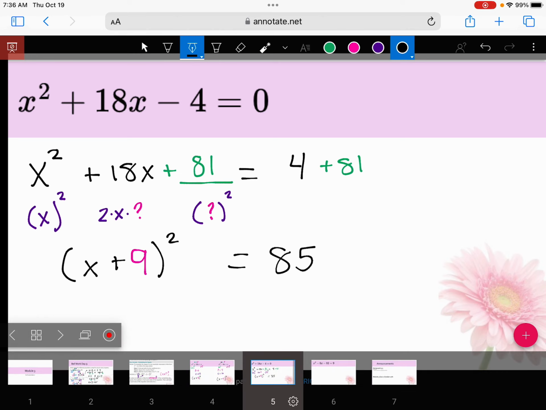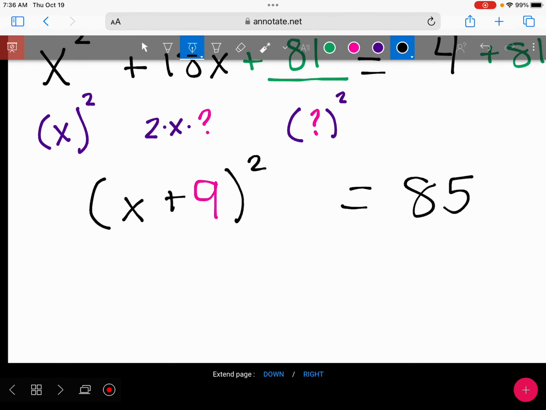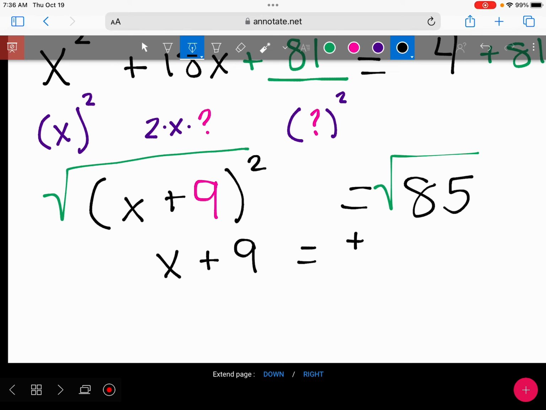So to finish solving with this, what's our next step here? Square root both sides. So we're going to wind up with x plus 9 equals plus or minus square root of 85.